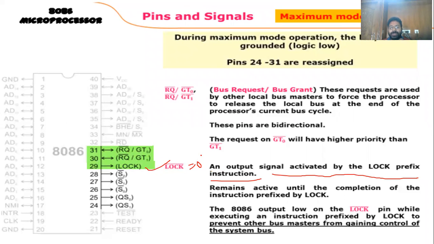You can lock the microprocessor to perform one specific operation. Once you generate this, interrupts also do not work.